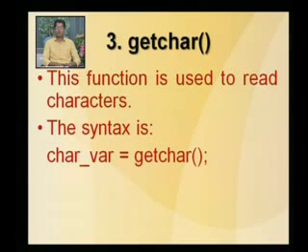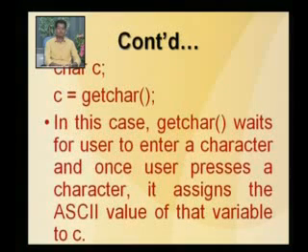This function is used to read characters from the user side. This is somewhat similar to scanf. The only difference is that here you can accept input in terms of ASCII value. The syntax is character variable equals getchar. Character variable is your variable type where you want to store the value which comes from the user side.